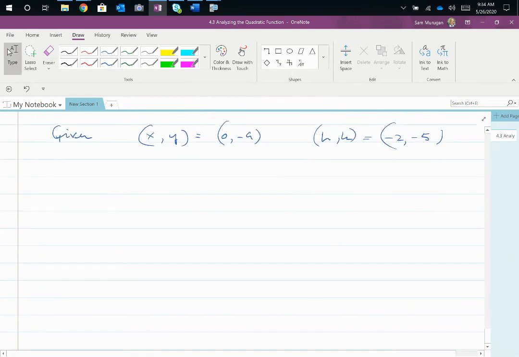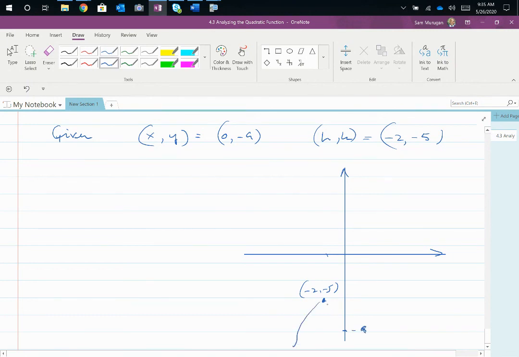So what kind of graph do we have here? We can probably find this graph here. If we mark a few points, it will give us a pretty good idea. The vertex is at negative 2 and negative 5, right? And the graph passes through 0 and negative 9. So this is a pretty good idea that the graph is turned downwards, yeah? So let's go ahead and see if we can figure out this graph.